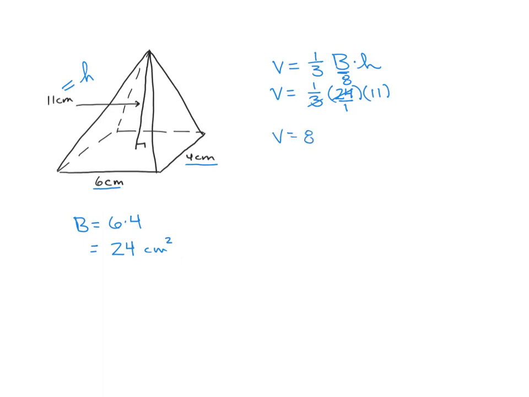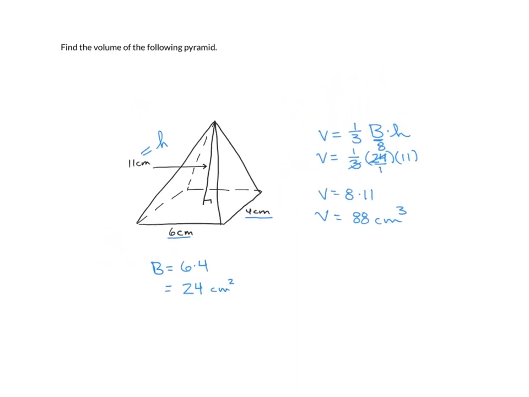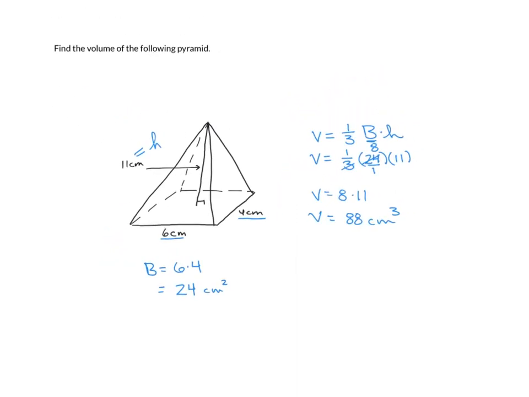So our volume is 8 times 11, or 88 centimeters. And since we are talking volume, it is going to be cubic centimeters. That is the pyramid, and that's all we're going to work with on our pyramid.